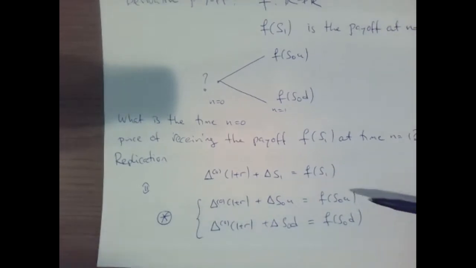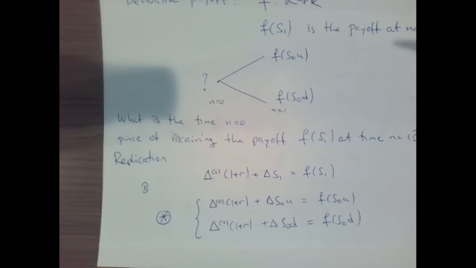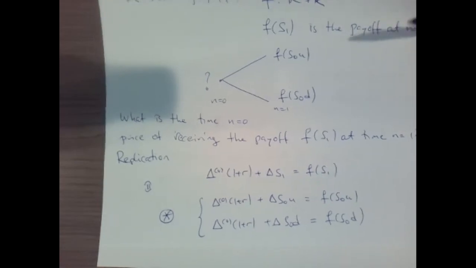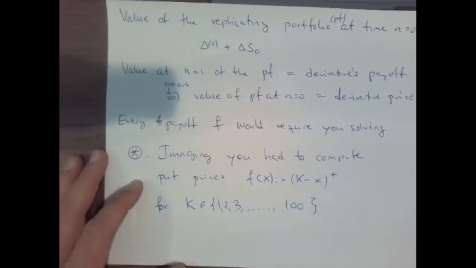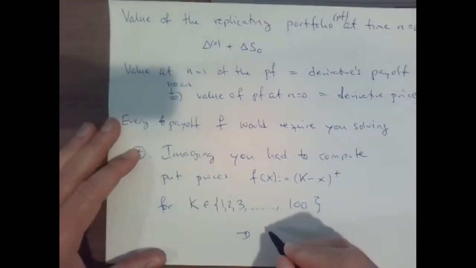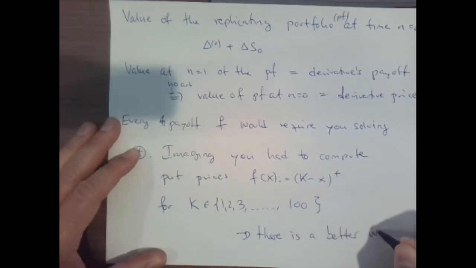Every time you put in a different f, you get a different set of equations, and you have to go and solve. So there's got to be a better way. And there is a better way.